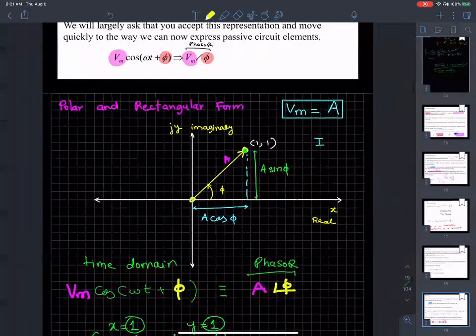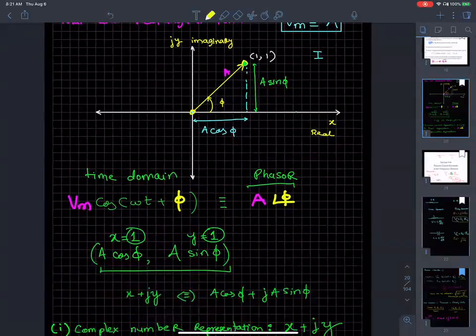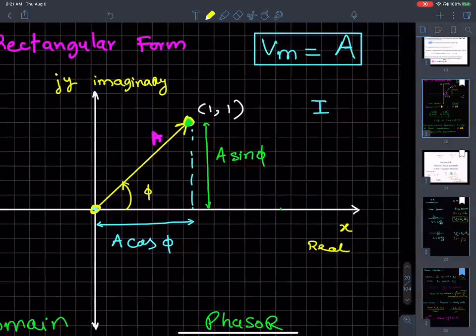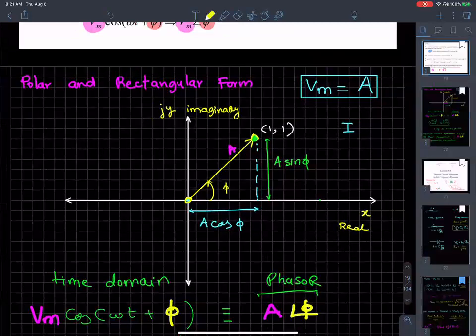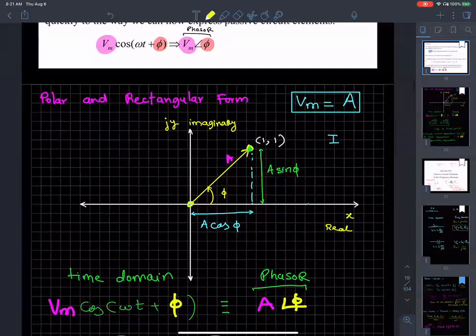Then I showed you the relationship. One proof here is that (A cos phi) squared plus (A sine phi) squared is equal to A squared. Pythagoras' theorem says that the sum of the squares of the two sides of a right angle triangle equals the square of the hypotenuse.